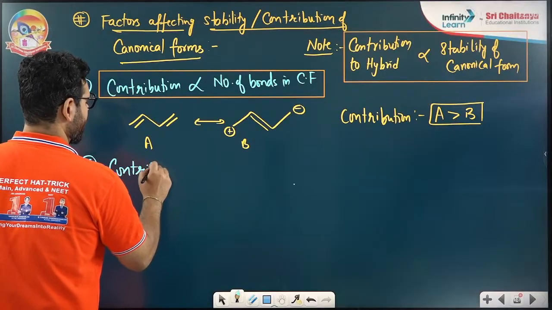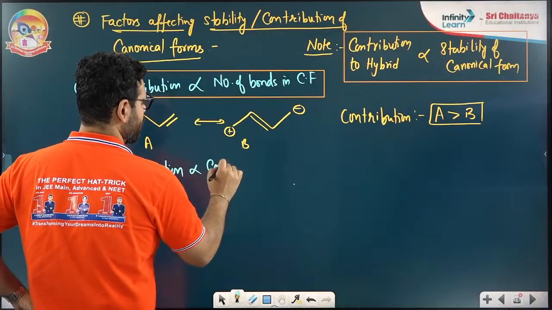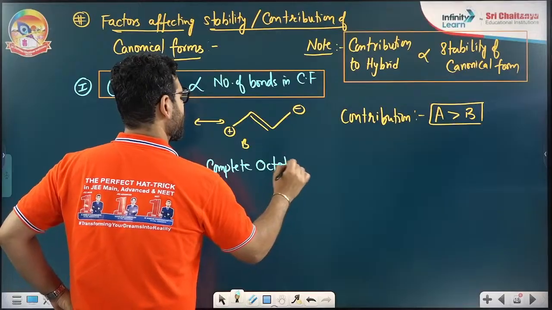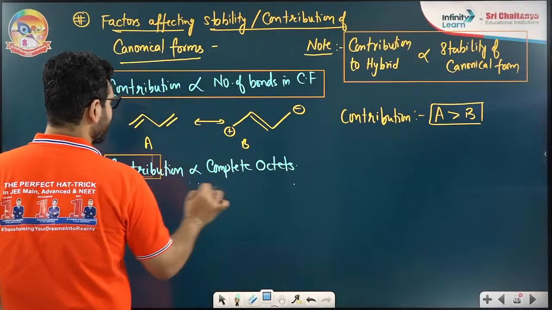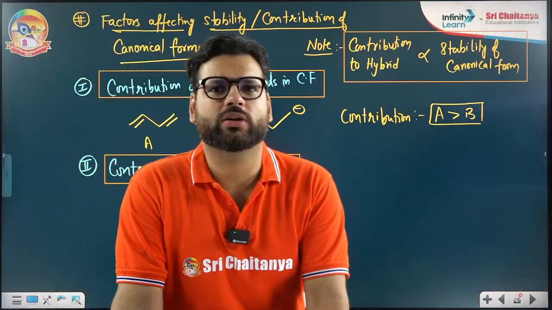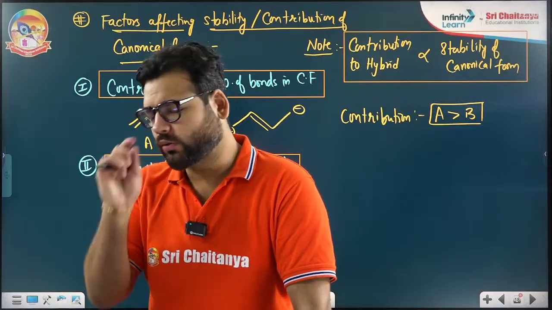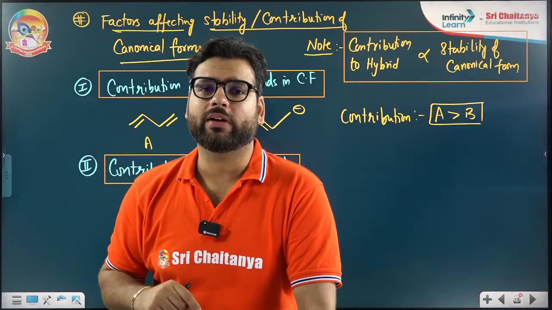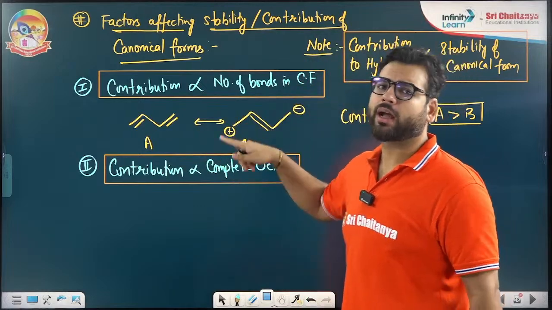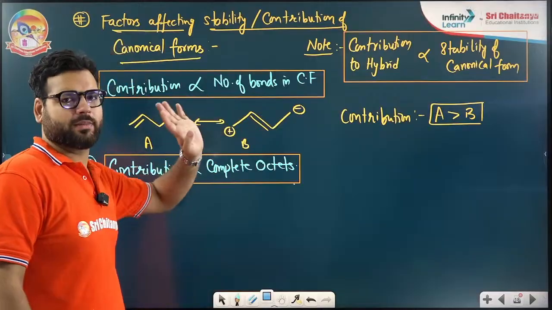That means we have to check the octet rule, because in an organic compound, mostly your central atom will be carbon, oxygen or nitrogen. They should follow the octet rule to become stable. In the first one here, this carbon has an incomplete octet. A carbocation has 6 electrons, so it is an incomplete octet. That's why it is unstable.